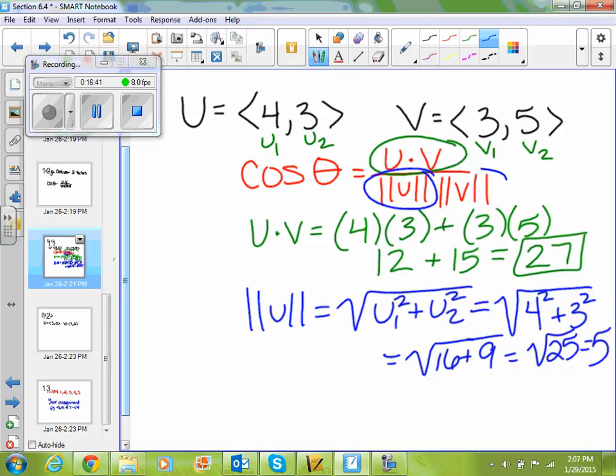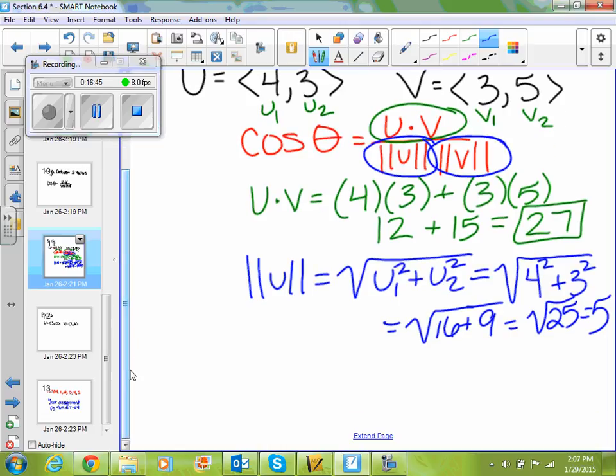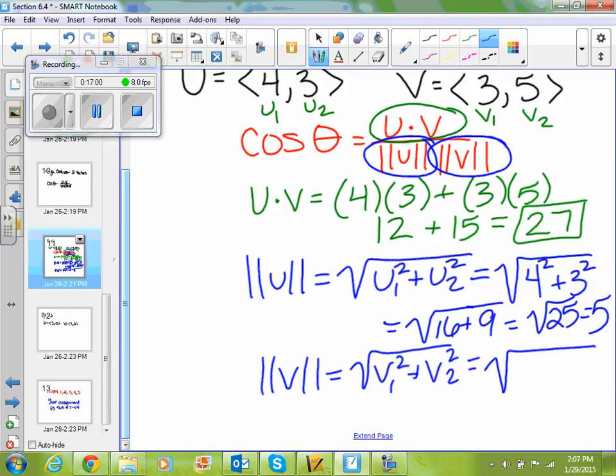Last thing that I have to find is my magnitude of V. So I use the formula V1 squared plus V2 squared. Well, V1 is 3, so 3 squared.